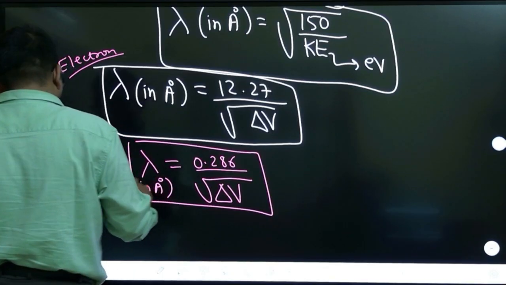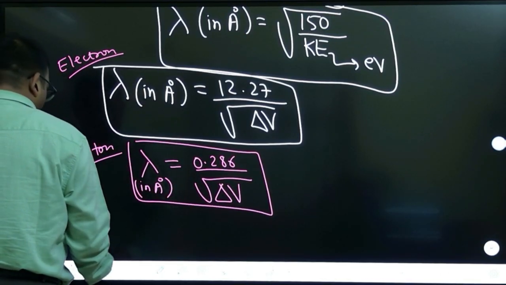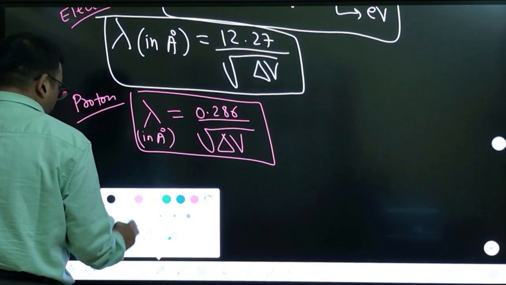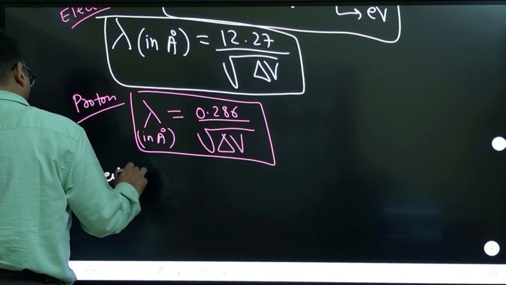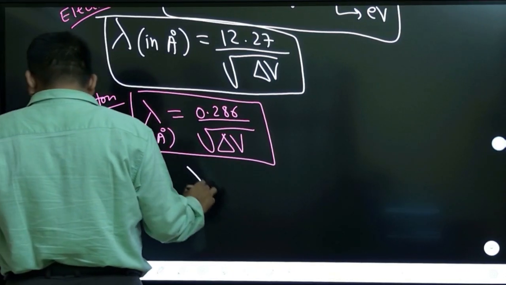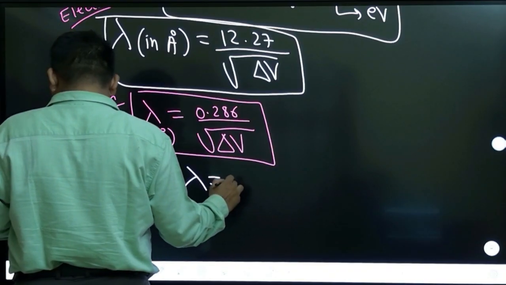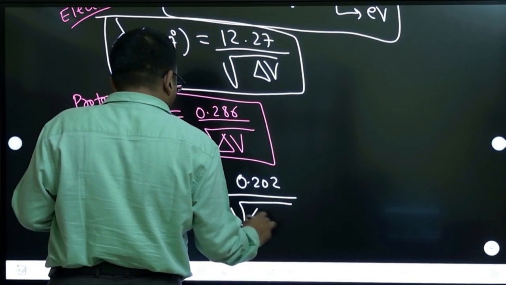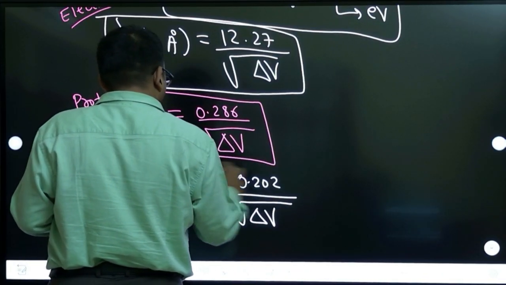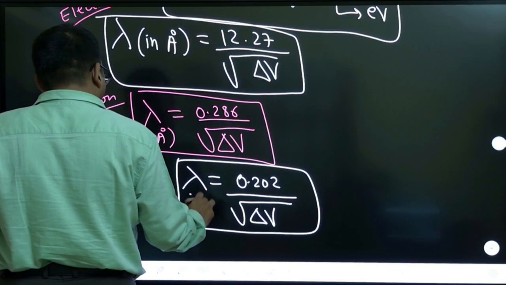In angstrom you calculate. What about deuteron? Deuteron and other things you can calculate. Deuteron wavelength you calculate as 0.202 by root of accelerating voltage. Again, it is in angstrom only.